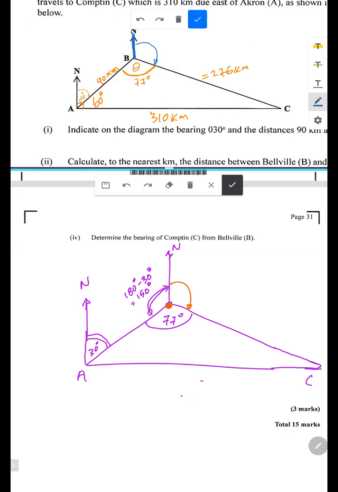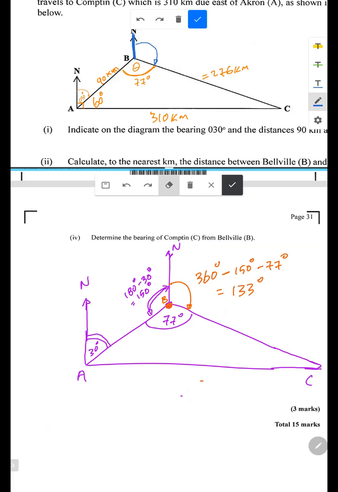So this angle that we want, the bearing angle, this is the bearing of C from B. That angle will become 360 degrees minus the 150 and minus the 77, because total angles around a point is 360. So it's 360 minus 150 minus 77, which is 133 degrees.